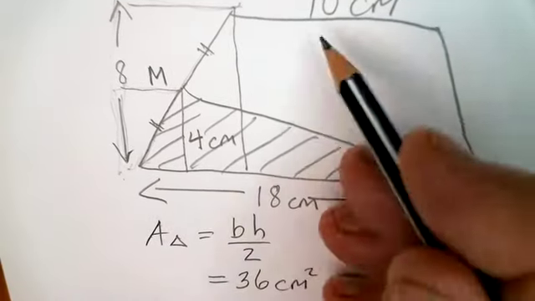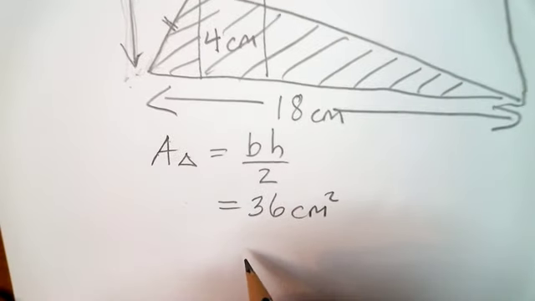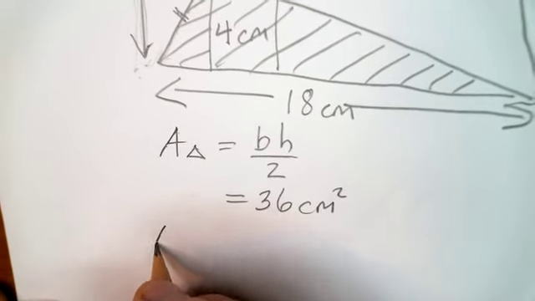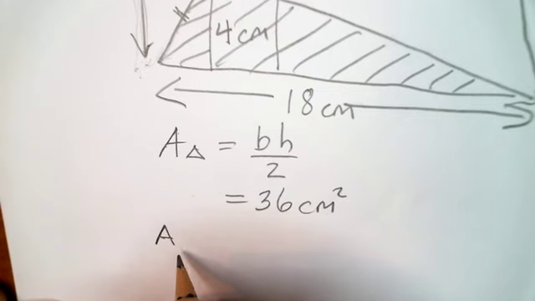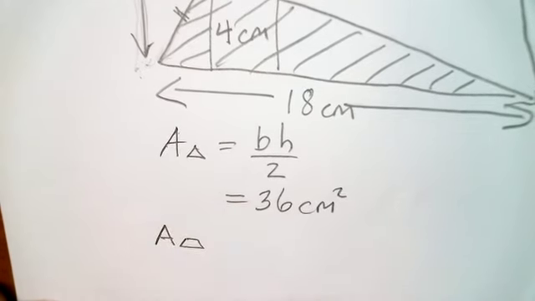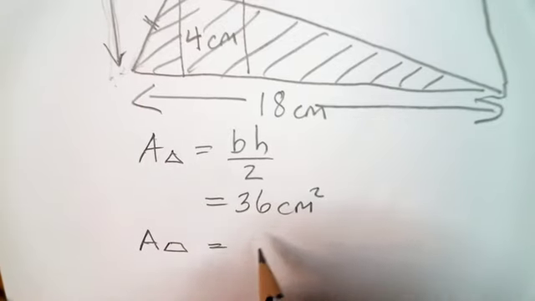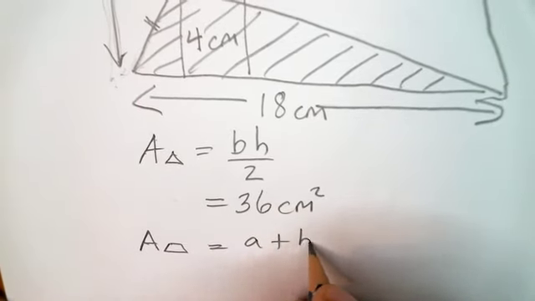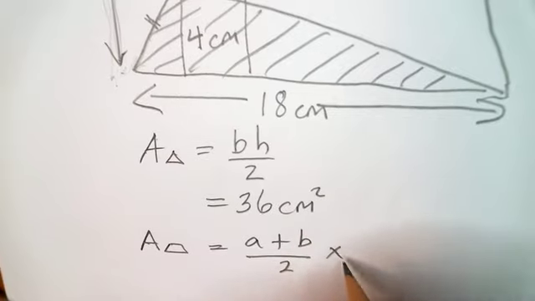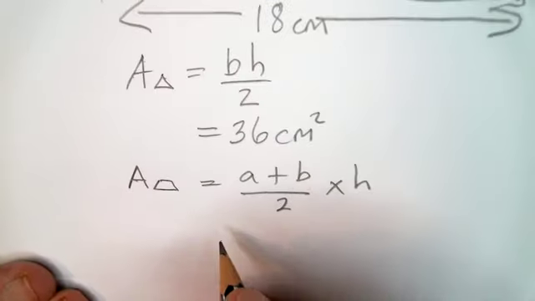The trapezium is going to be nice and straightforward. The area is going to be A plus B on 2 times H. All right, let's see how that plays out.